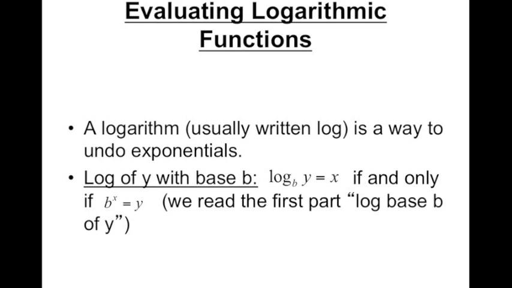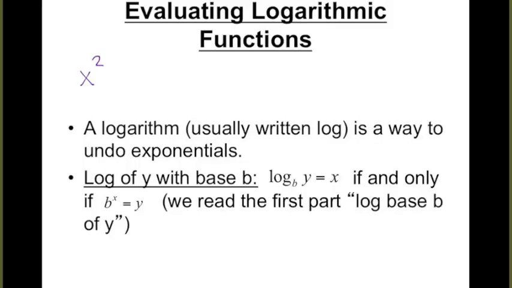So if we do an exponential, put something to the power of x, we need a way to undo that. And the way we're going to undo that is with a logarithm. So back when we had something like x squared, we could undo that with a square root, right?